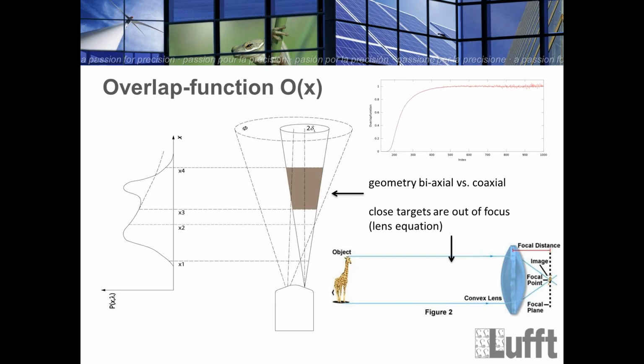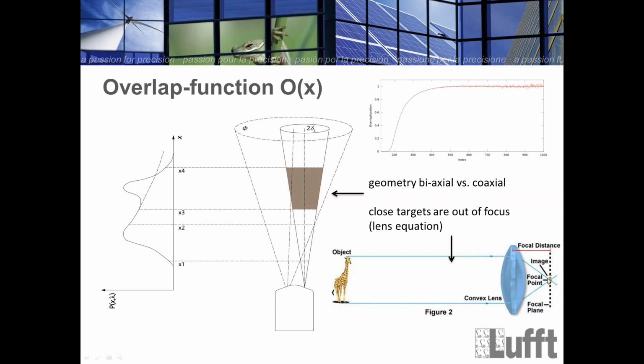If you are in infinity, then your image is in the focal plane after your lens inside your instrument. But if you come closer with your object, for example, closer than X1, the single optics will not help at all, because your image is far behind your focal plane.